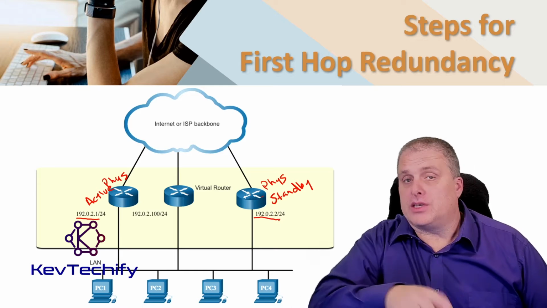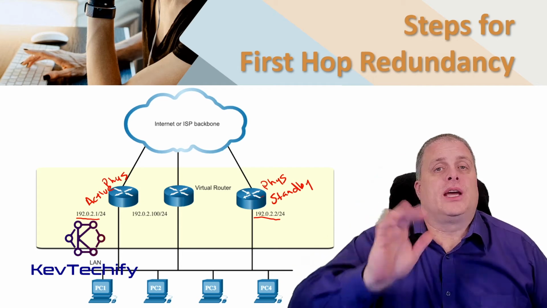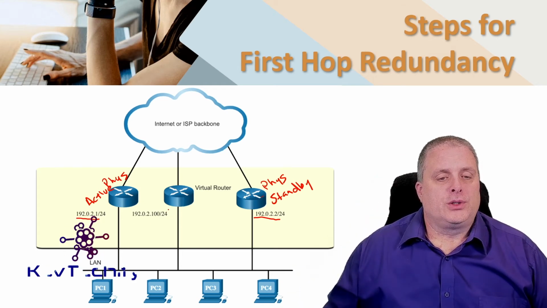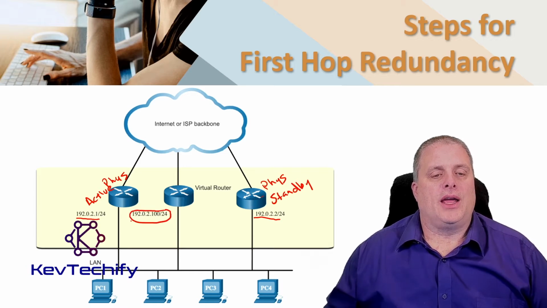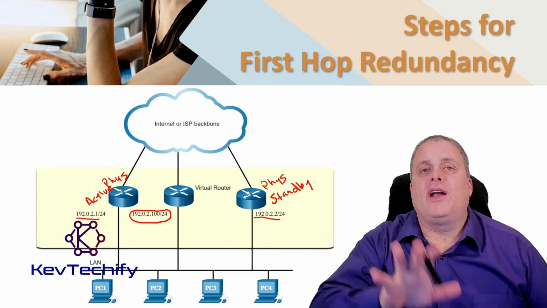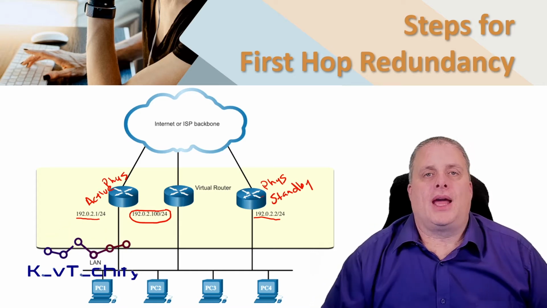They have to be different because each device needs a different IP address. But what you do inside the routing protocol is let's set the virtual router to its own IP address. And here's the third IP address, 192.0.2.100. This is virtual. It doesn't exist anywhere physically. It exists there. And along with that, it also gets a MAC address.